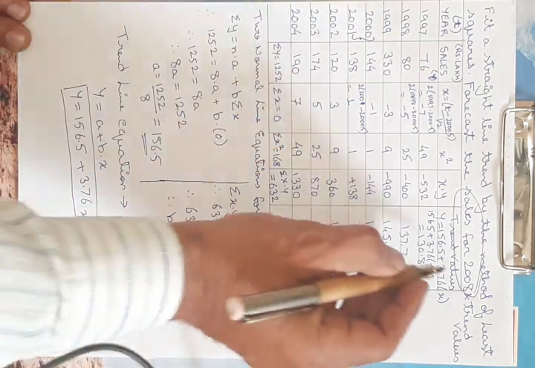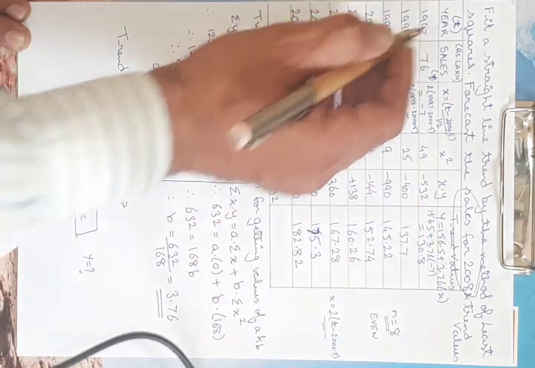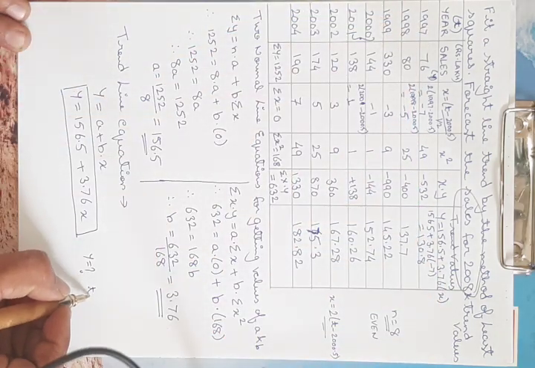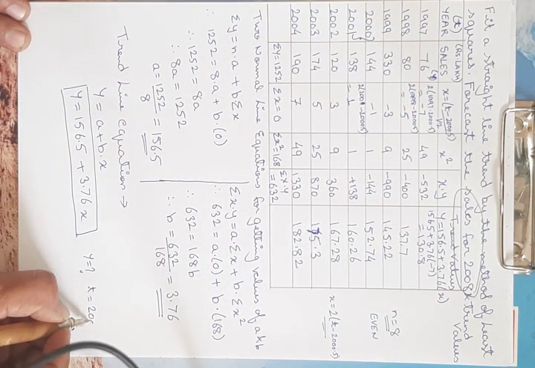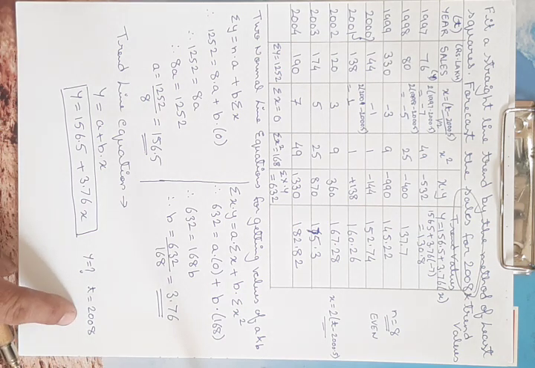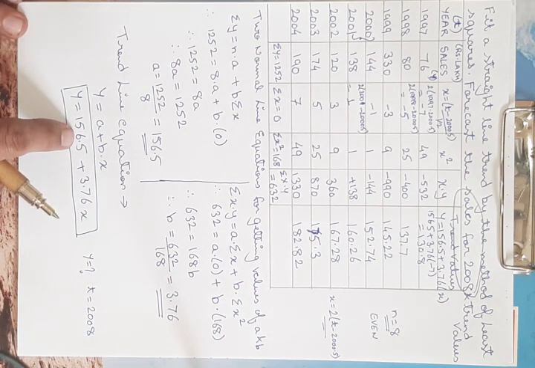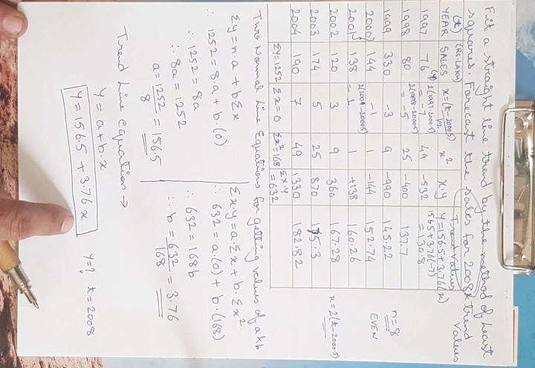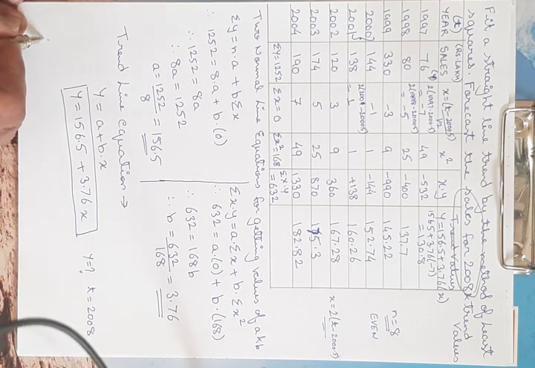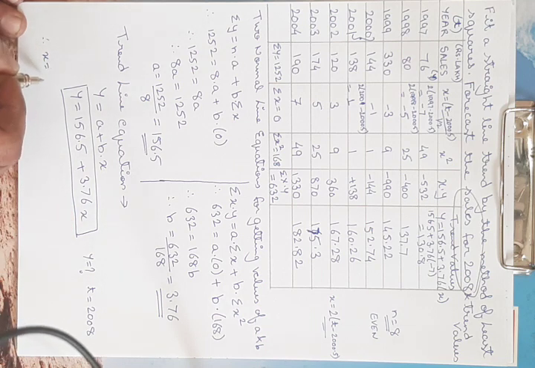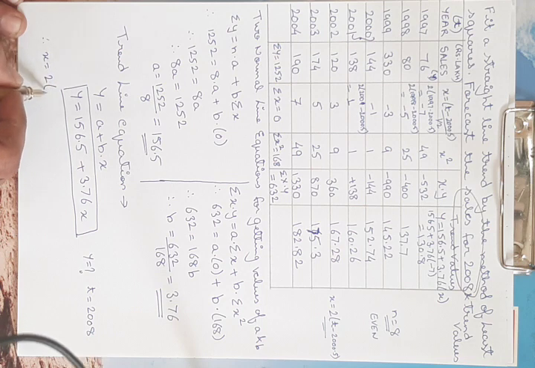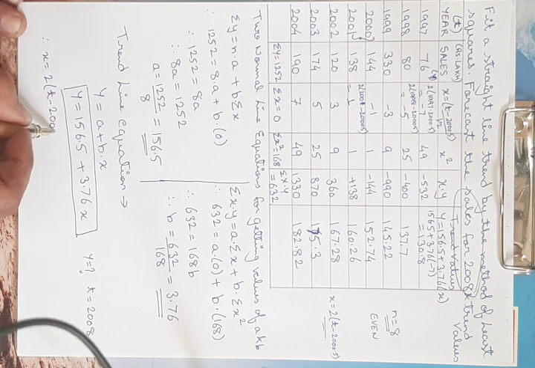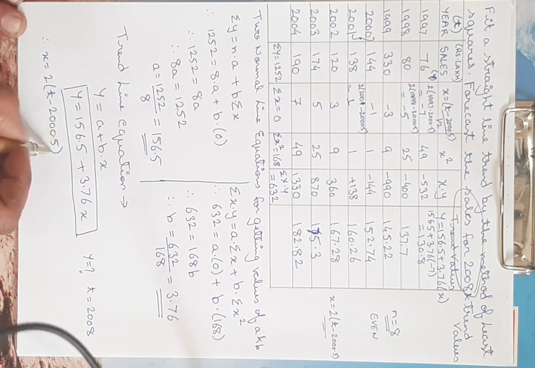When the year is 2008, that means the value of t is given, t is equal to 2008. Now we have to get the value of y, but then we don't know the value of x. Now here in this problem, x is given by, as we have already taken, 2 multiplied by t minus 2005 point 5.